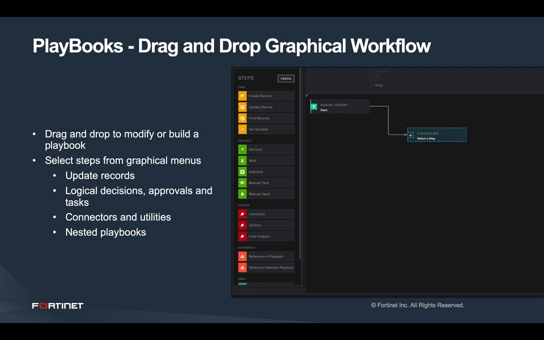You could customize the playbook. Creating a playbook is as simple as dragging and dropping certain actions within the playbook, and telling Fortisor what you want it to do. So any incident, any alert that is received, that is ingested by Fortisor, you can put into action.